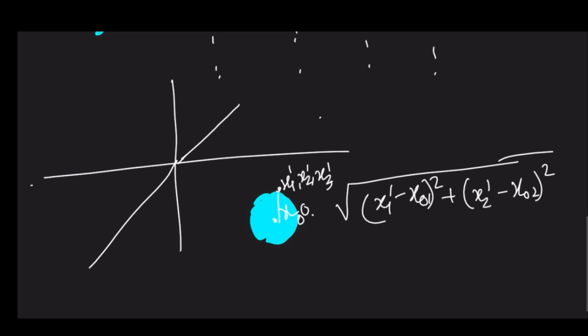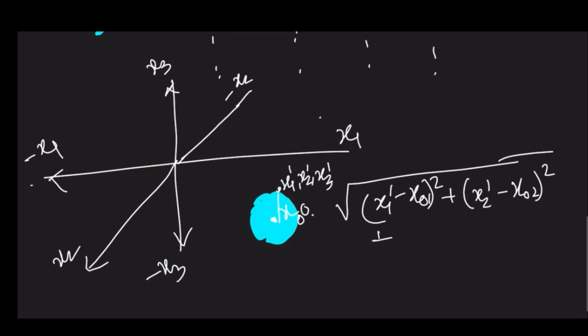plus (x3 dash minus x03) whole square, because in a three-dimensional space, say this is x1, this one is x3 and this one is x2. To mention any point you need three coordinates, so accordingly x0 will also have a tuple x01, x02, x03.